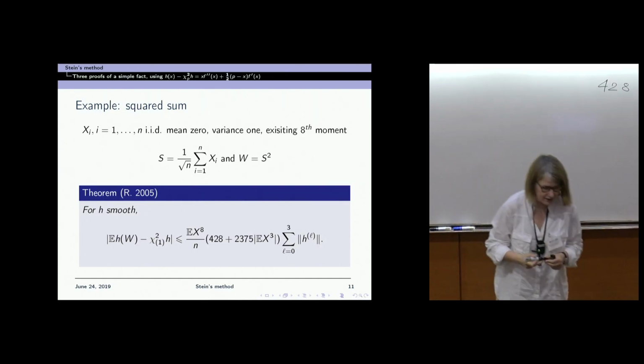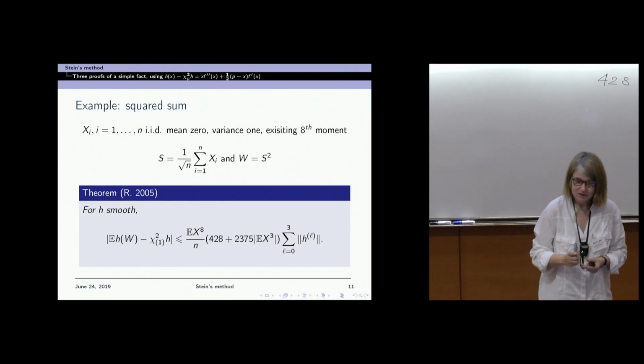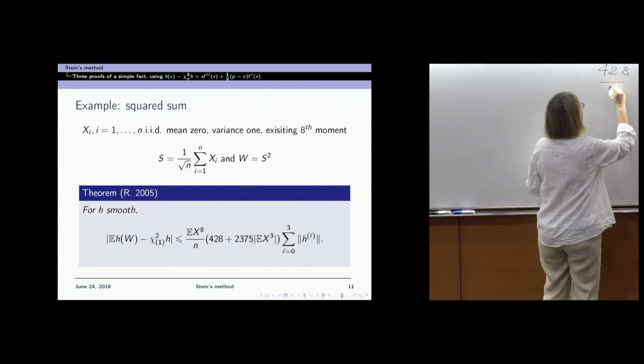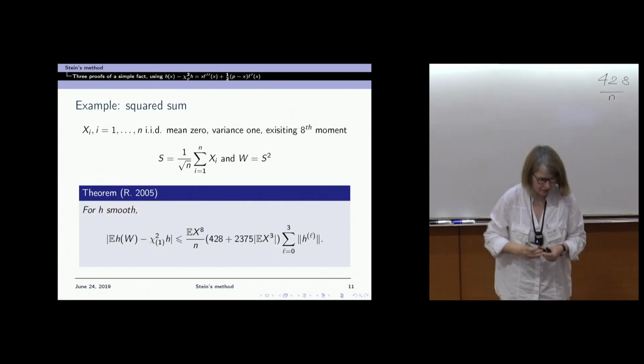So if x has third moment 0, then the constant would be 428 for the chi-square 1.